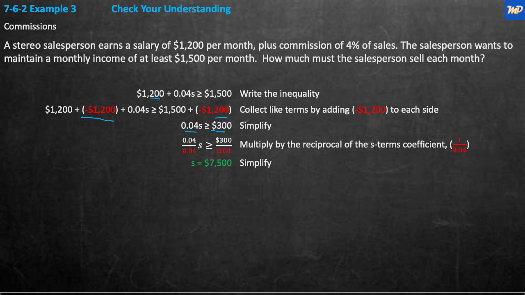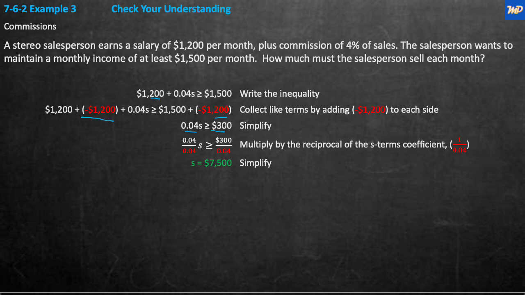Well, we're going to now clear the coefficient of S, which is 0.04. So we're going to have to multiply by the inverse, or divide by 0.04. Dividing 0.04 by 0.04 gives you a 1 on this side. And if you take 300 and divide it by 0.04, you'll end up with $7,500.